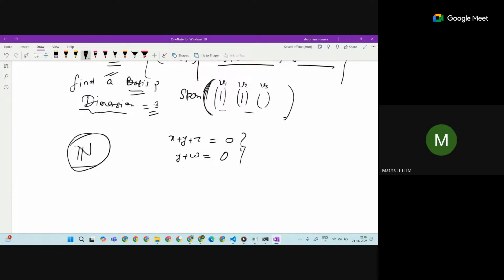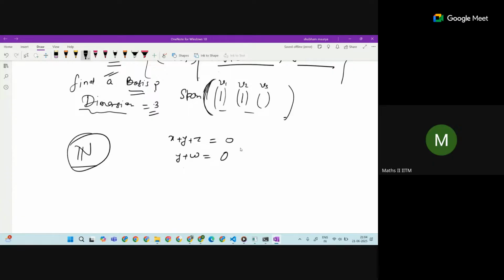This is a system of linear equations. Hope you know how to solve this, because now you are in Maths 2 and you have seen this in Maths 1. And this is week 3, so all of you are aware of how we'll solve this.